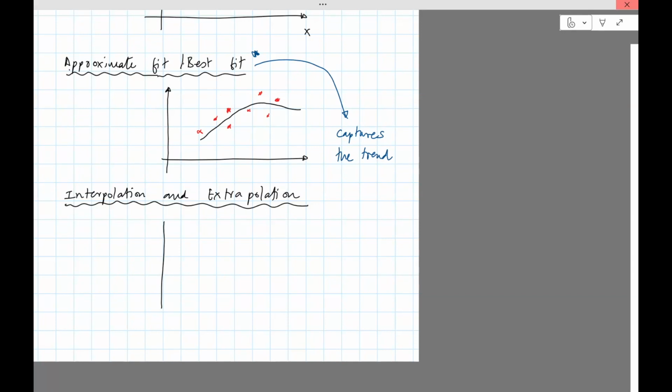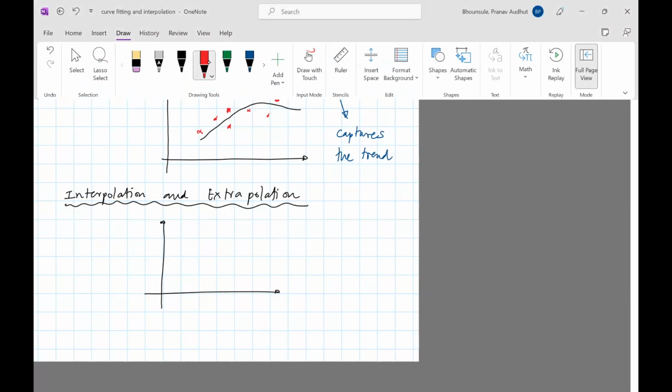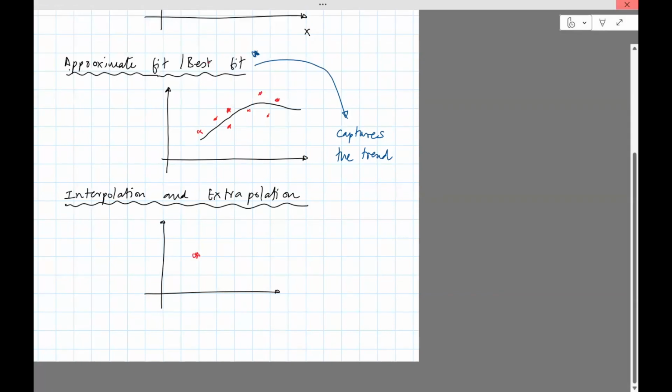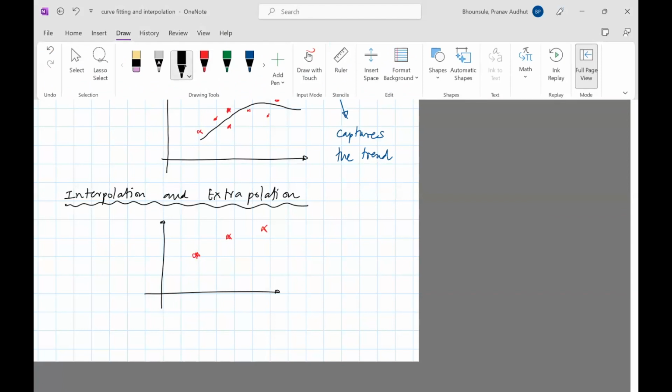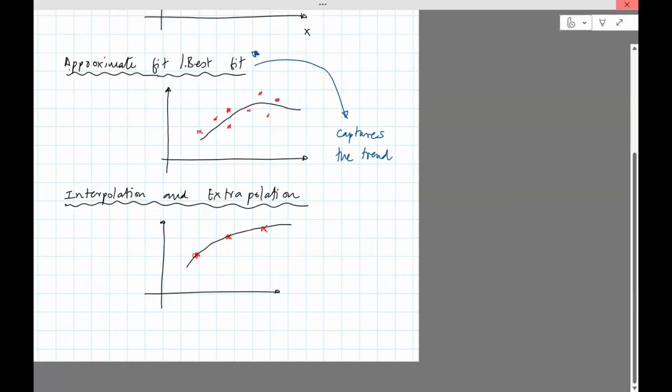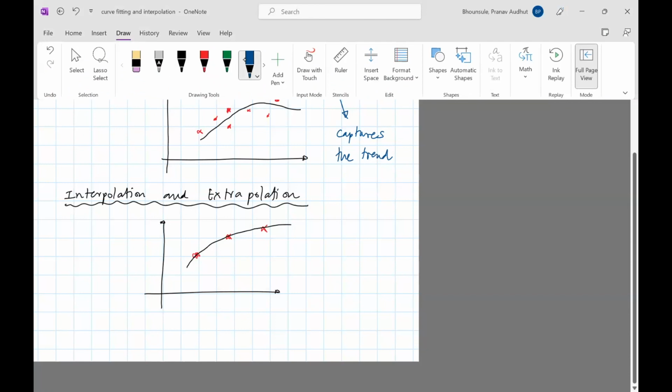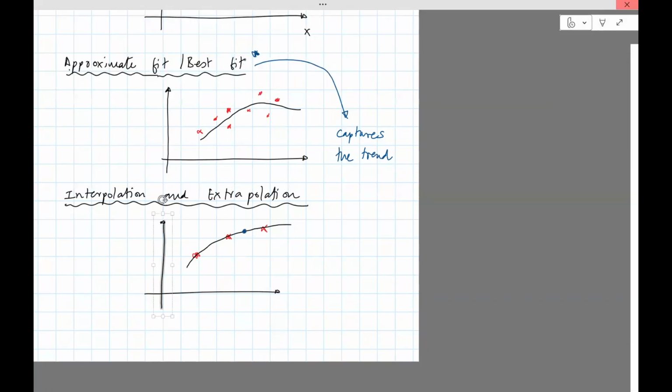So the best way to explain this is through a plot. So if you have, let's say, data 1, 2, 3, you did a best fit curve. With this curve, you can predict what happens at this point. That will be an interpolation. And then we don't have data here beyond these points.